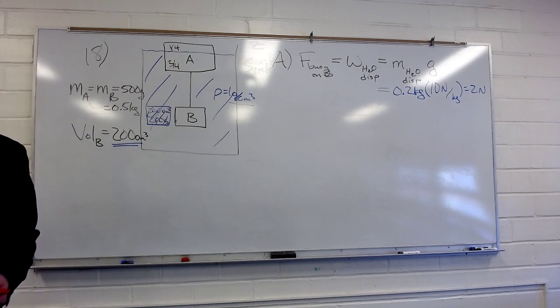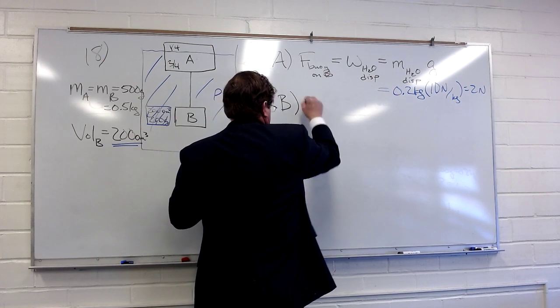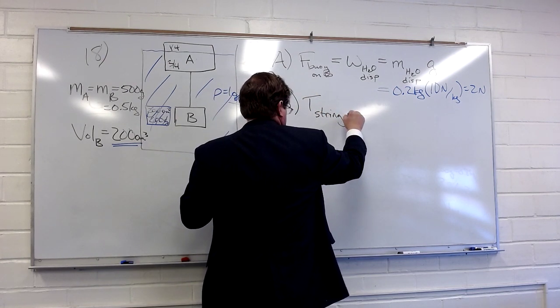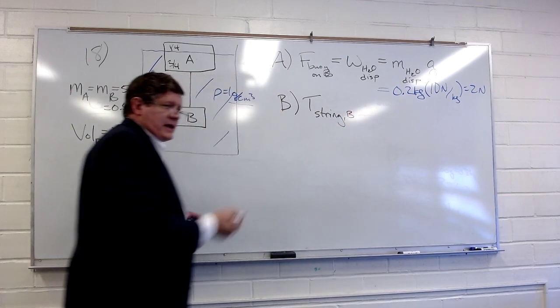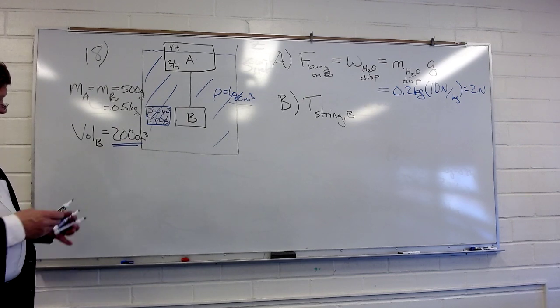The second part asks us to find the tension in the string. Okay, and it doesn't matter whether I find the tension at the bottom end or the top end. It's a massless string. It's got the same tension at both ends.